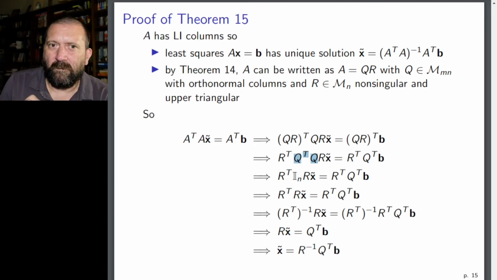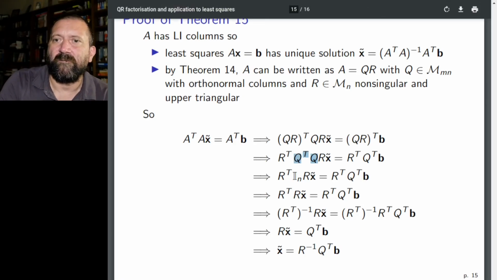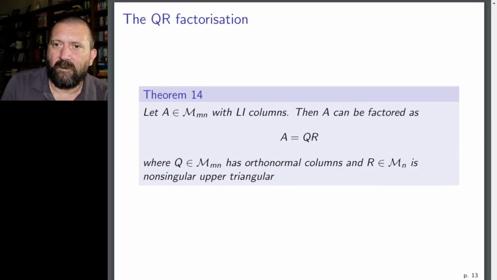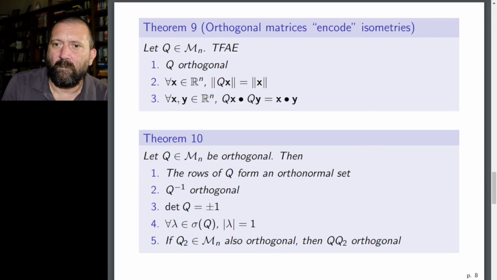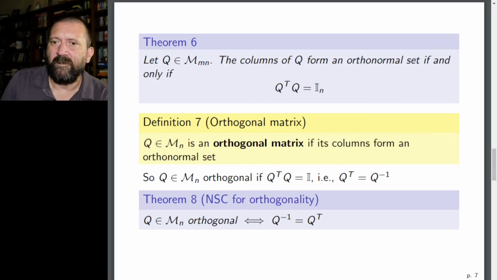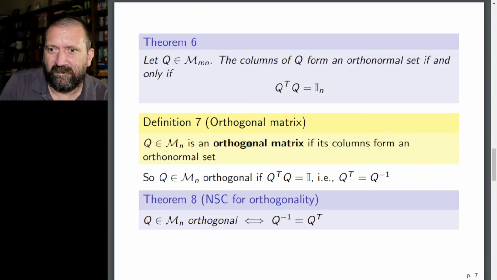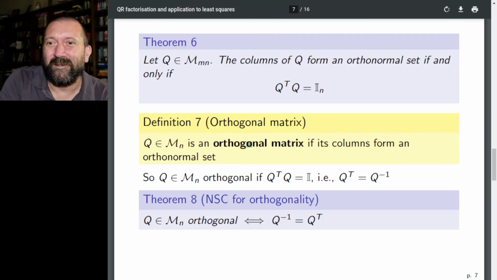And recall that one of the conclusions from the QR factorization theorem is that Q has orthonormal columns. And I'll remind you of a result we saw a while back, about what is necessary and sufficient for a matrix to be orthogonal.